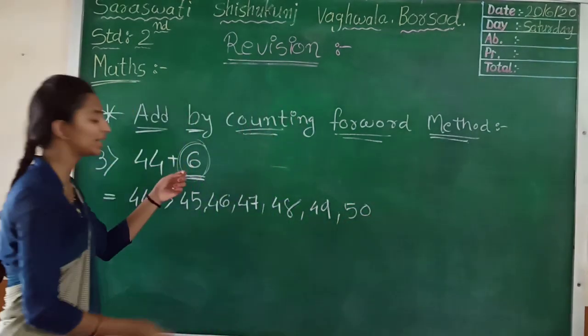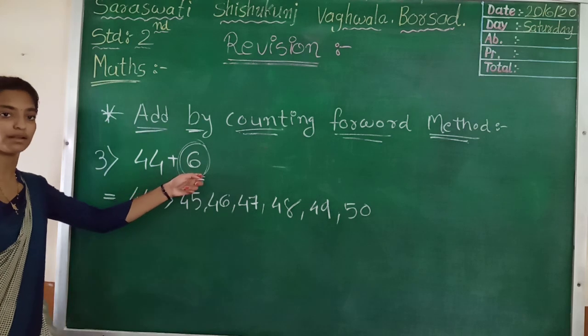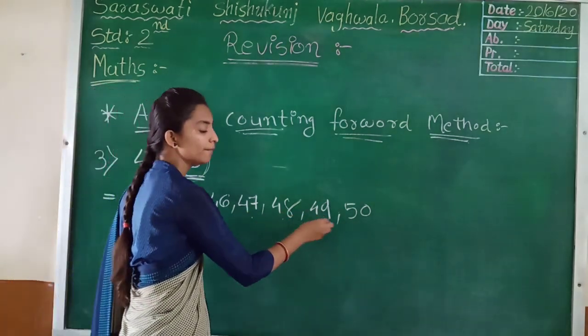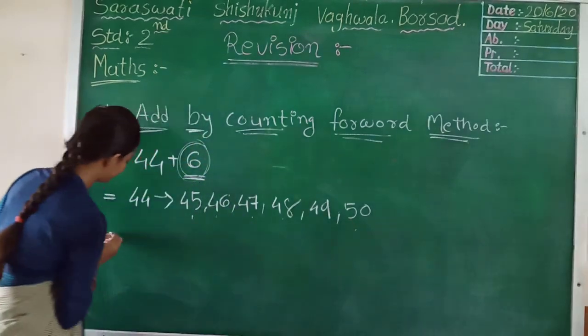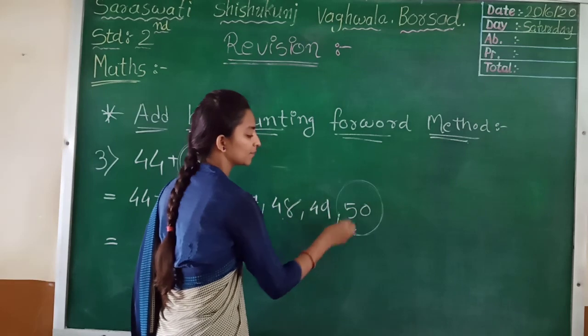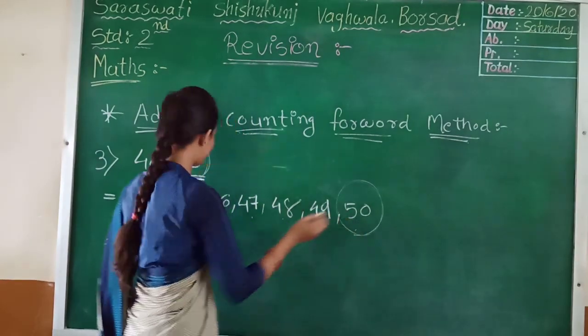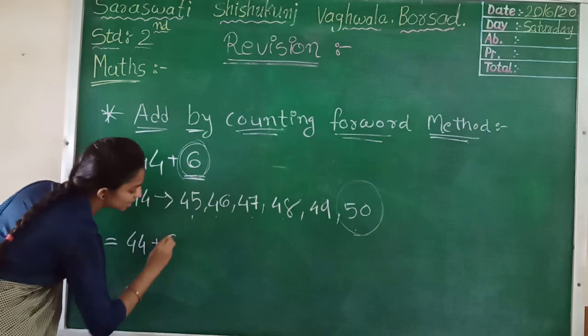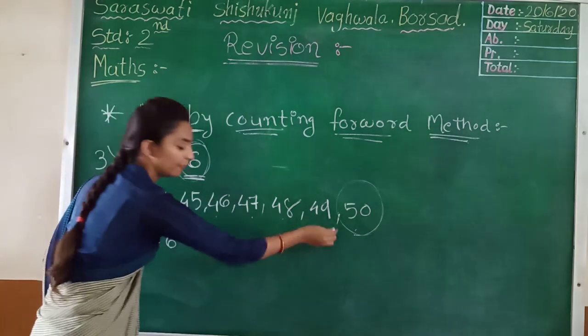How many numbers did we add? 6 numbers. 1, 2, 3, 4, 5 and 6. Which number comes last? 50. So our answer will be 50. That means 44 plus 6 is equal to 50.